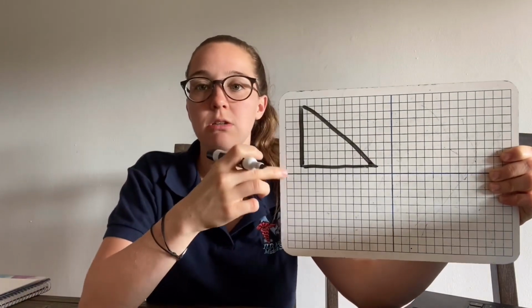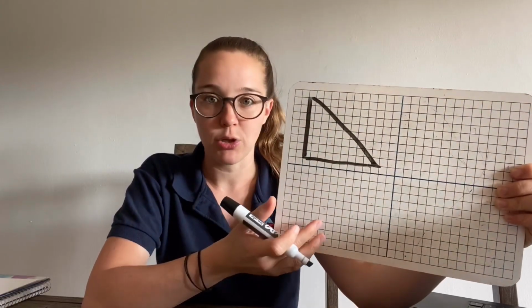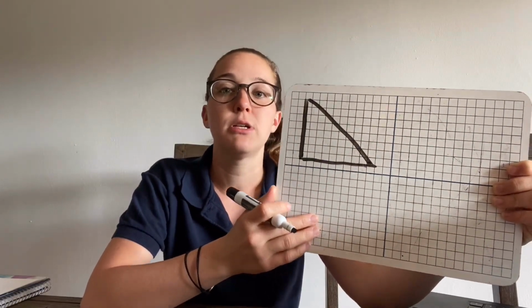Now, we can use the grid to count out the base and the height. That's the point of having the grid there. There aren't going to be other numbers, so we've got to actually figure out how long that base is. And the base goes 1, 2, 3, 4, 5, 6, 7, 8, 9, 10 units long.